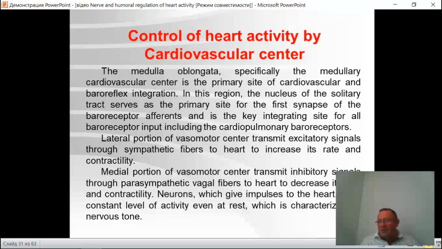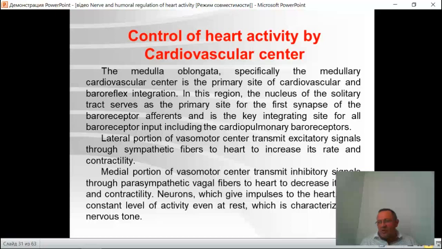In this region, the nucleus of the solitary tract serves as the primary site for the first synapses of the baroreceptor afferents and is the key integrating site for all baroreceptor input, including the cardiopulmonary baroreceptors.